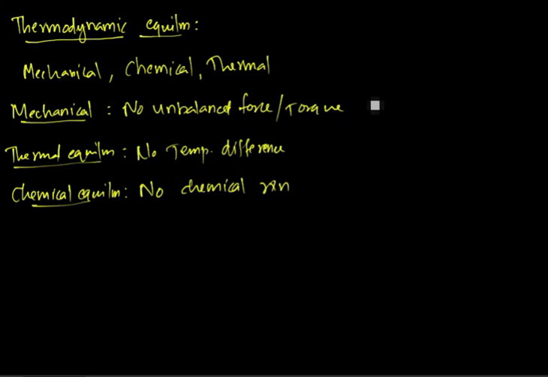So when these three equilibria are satisfied by a system, then that system is said to be in thermodynamic equilibrium. When the conditions for mechanical, chemical and thermal equilibrium are satisfied by a system, then that system is called to be in thermodynamic equilibrium.